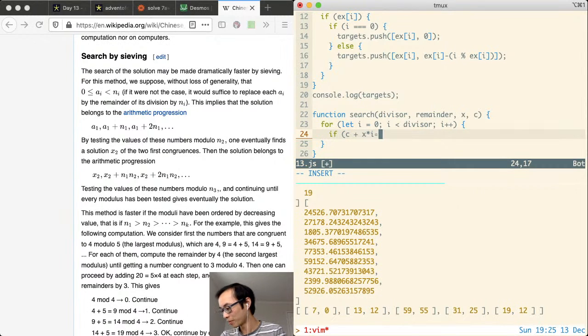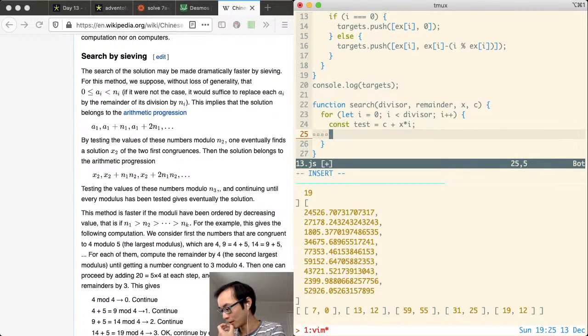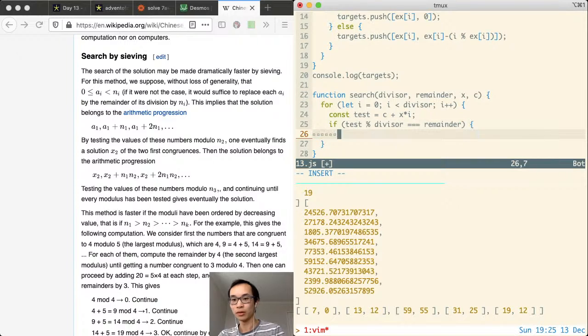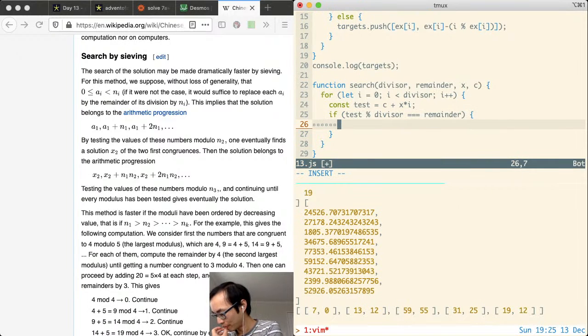That's our test value. So if test mod divisor equals remainder, that means we've found it, then our test value is the answer. So we want to return test.